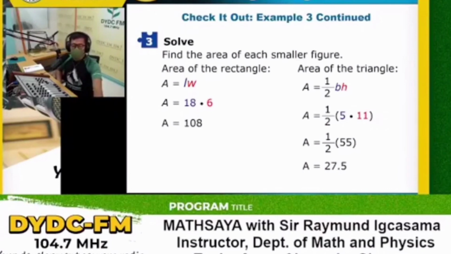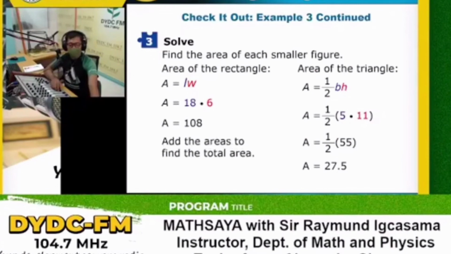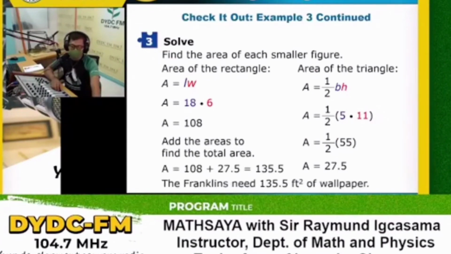And we know that we have to add the areas of these two figures to find the area of the irregular figure. Okay, so that would be 108 plus 27.5, that is equal to 135.5 square feet, no? So that would be, the Franklins need 135.5 square feet of wallpaper.